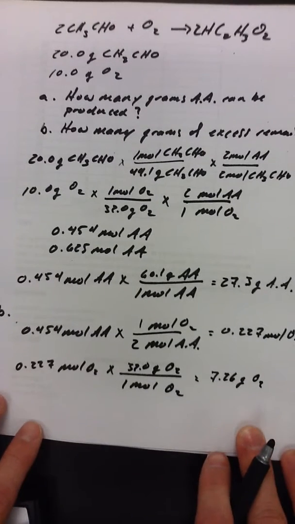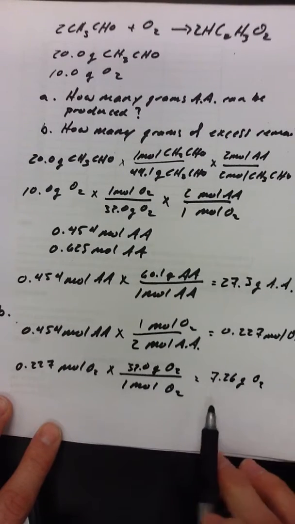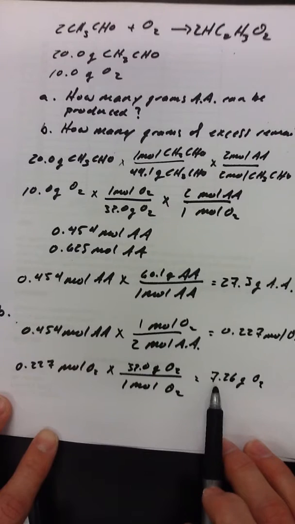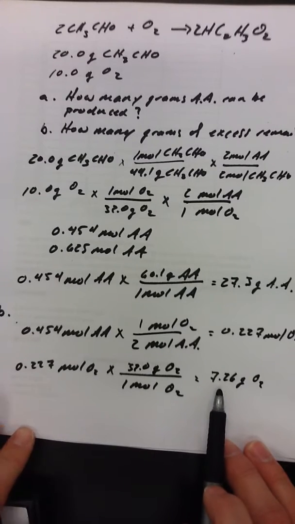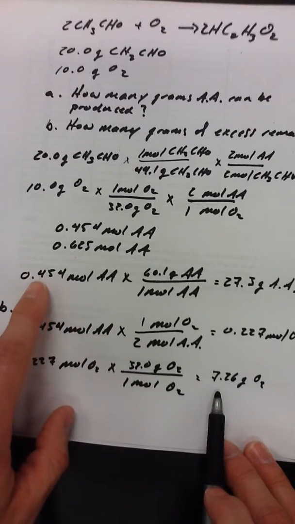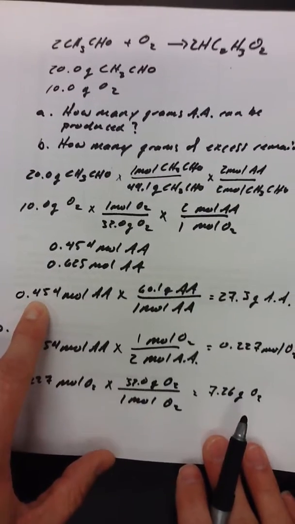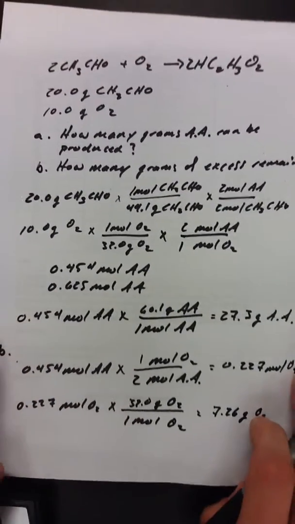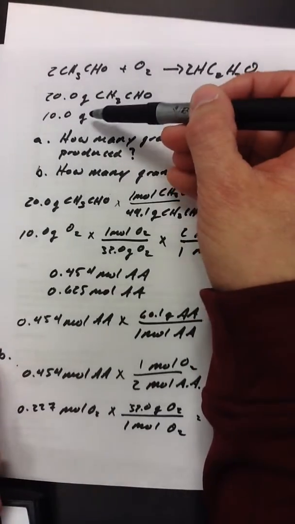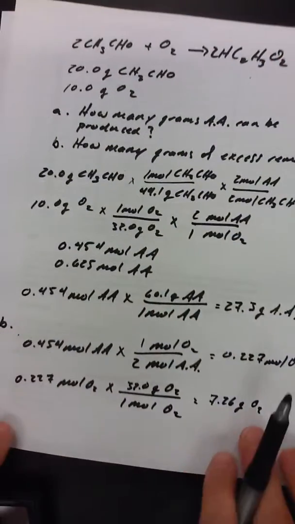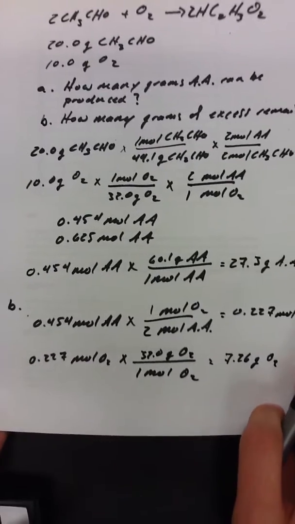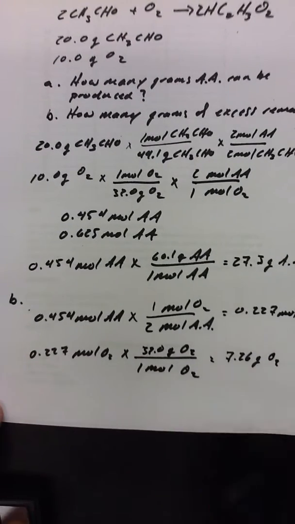But we're not done just there. We said we used 7.26 grams of oxygen to make 0.454 moles of acetic acid. But we didn't have 7.26 grams initially. We initially had 10 grams of oxygen. So the amount that's left over is simply the difference between those two.